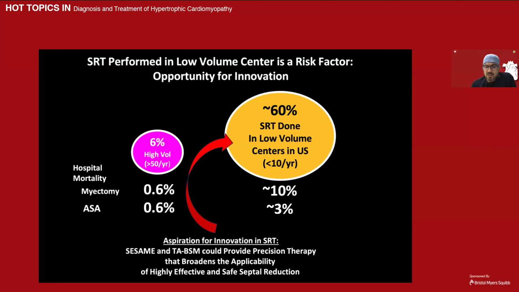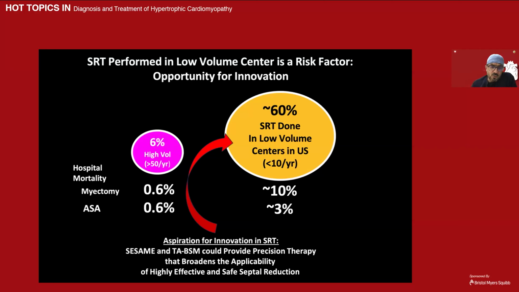Same with alcohol septal ablation, 3% mortality versus 0.6%. So really having a good tertiary care center, with a specialized hypertrophic team from imaging, interventional cardiology, surgery, and general cardiology, where those patients are treated in a multidisciplinary approach, is key.